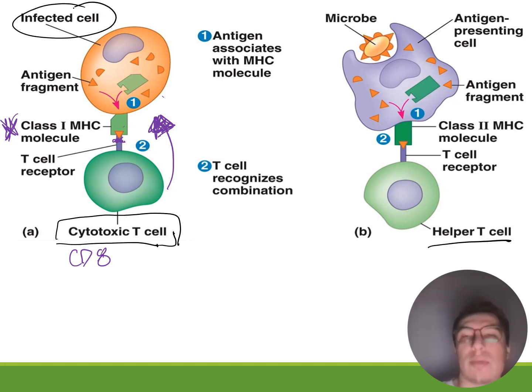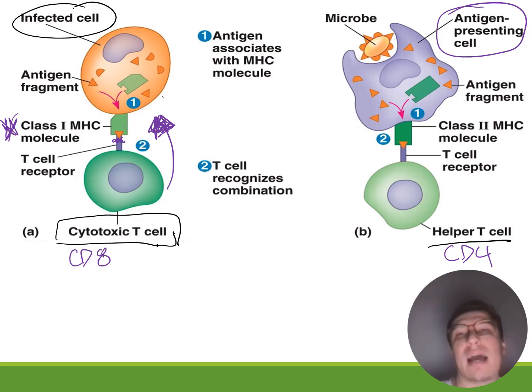On the other hand, we have helper T cells or CD4. CD4 cells are helper T cells, and these helper T cells are waiting to stimulate an immune response. And they do this with the help of antigen presenting cells. We have antigen presenting cells that have in their outer membrane an MHC2 receptor, and they activate this helper T cell by showing what the bacteria looks like.